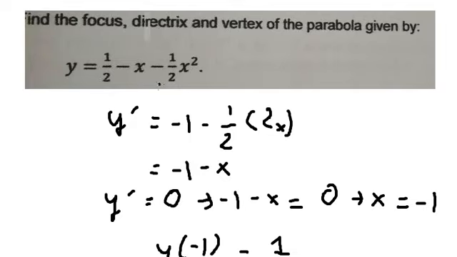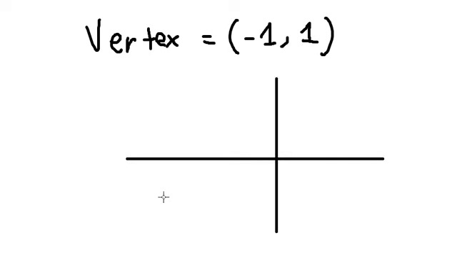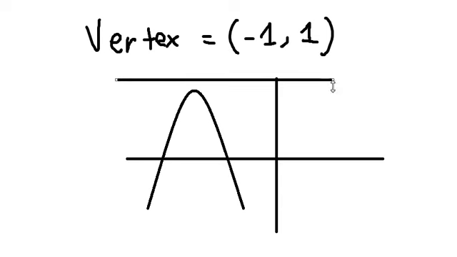We know that the coefficient is negative, so I will draw the diagram in here. So the directrix is over the parabola, the focus is in here. So everything is at negative number 1.